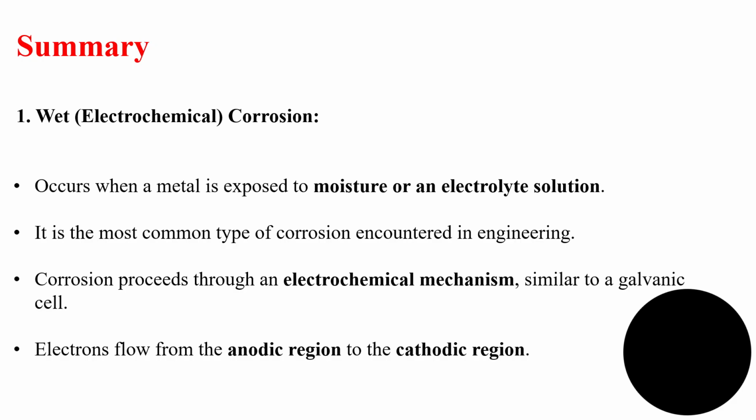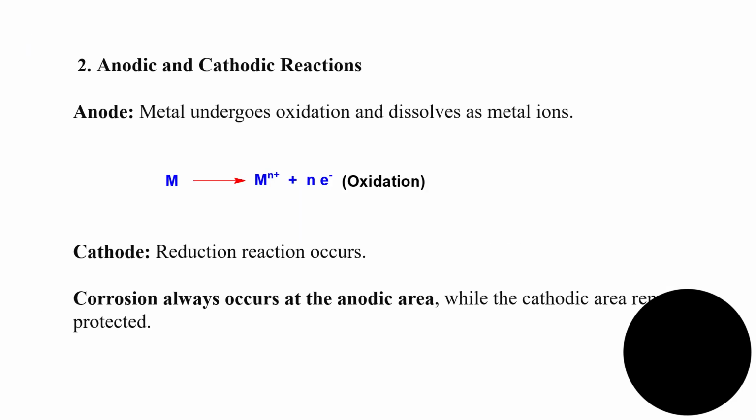And here, if you look carefully, the electrons flow from the anodic region to the cathodic region. One has to remember this particular difference, anodic and cathodic reactions. At the anode, the metal always undergoes oxidation and dissolves as metal ions.